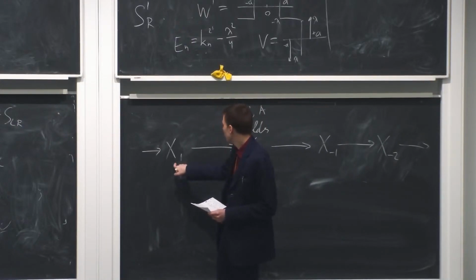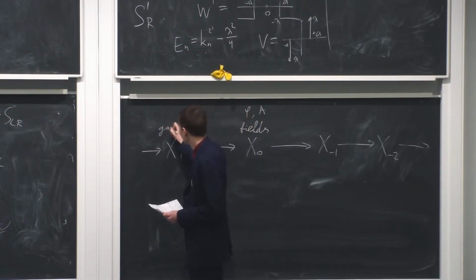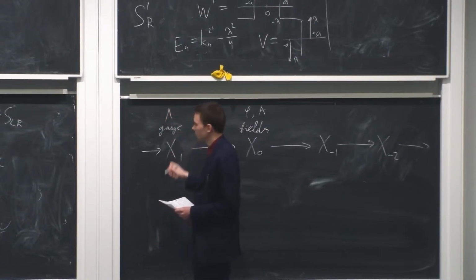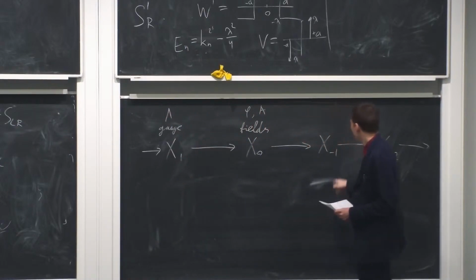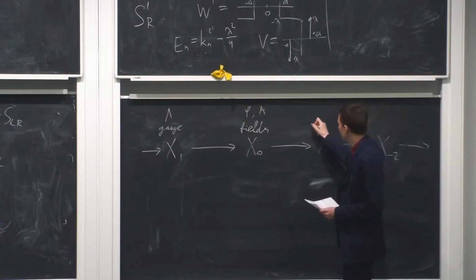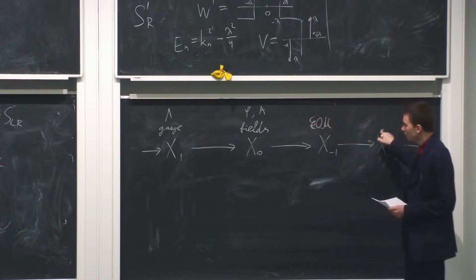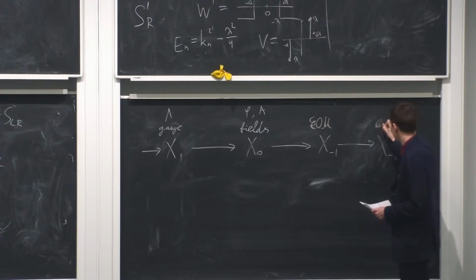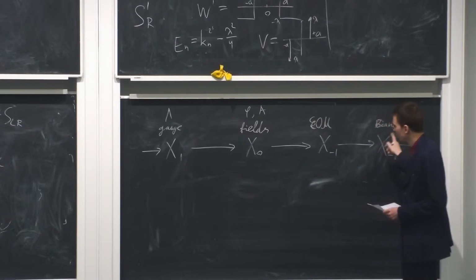Now here live gauge fields. So say, I don't know, it's denoted by lambda. Here we have equations of motion. And here, well, these are usually called just Bianchi identities.